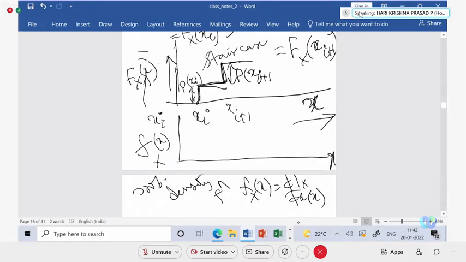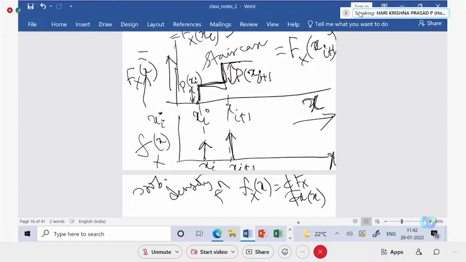When I take the derivative of that, at x equal to xi I get a sudden transition. At x equal to xi plus 1, there is a sudden transition, right?